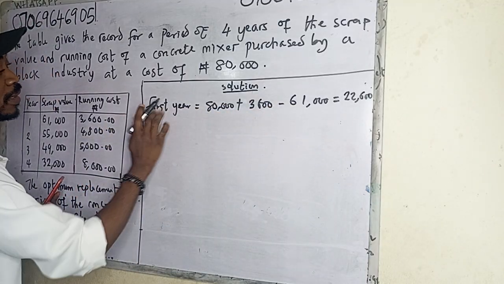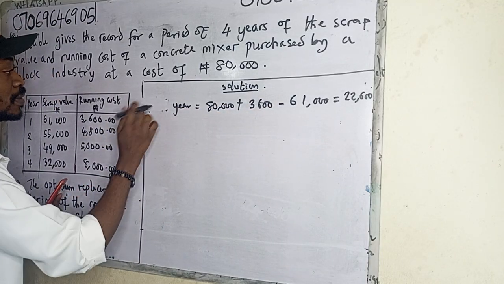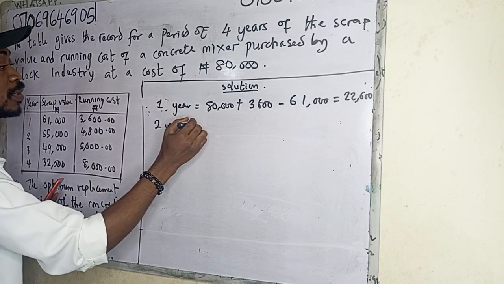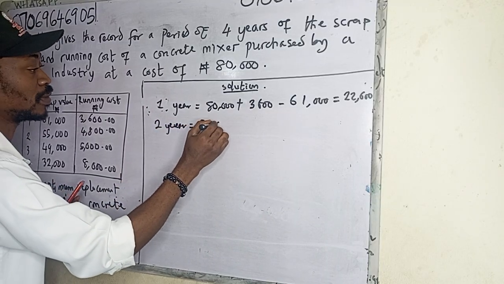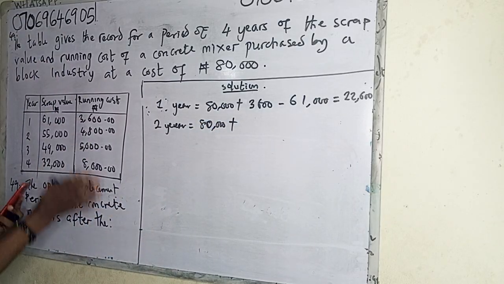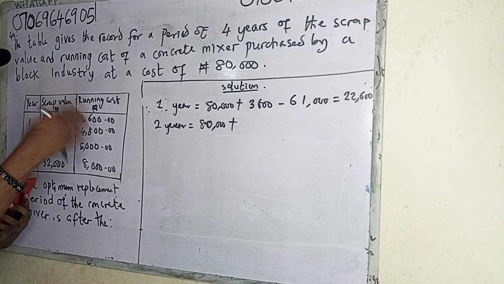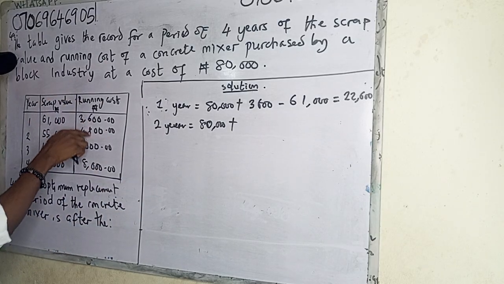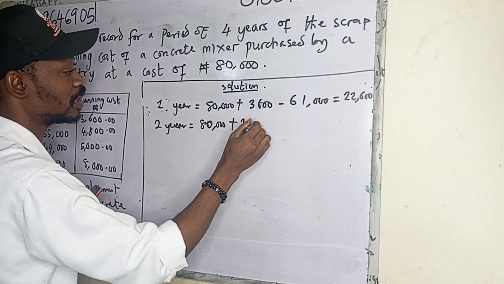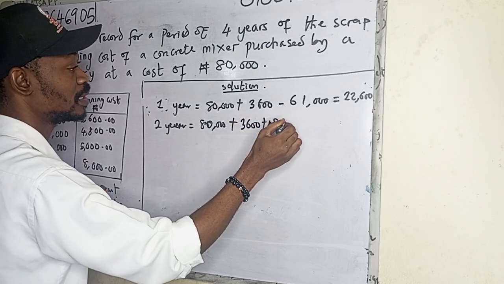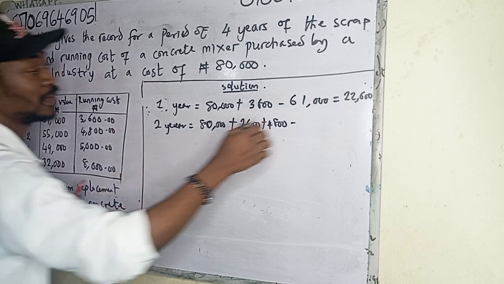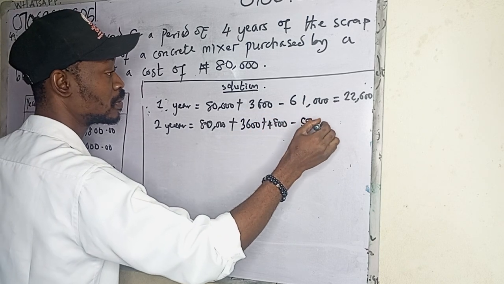Then the second year, the total cost is going to be what? The same initial cost, which is 80,000, plus the cumulative running cost up to that year. Now in year two, the cumulative is 3,600 plus 4,800. Then we remove the scrap value for year two, that's 55,000.